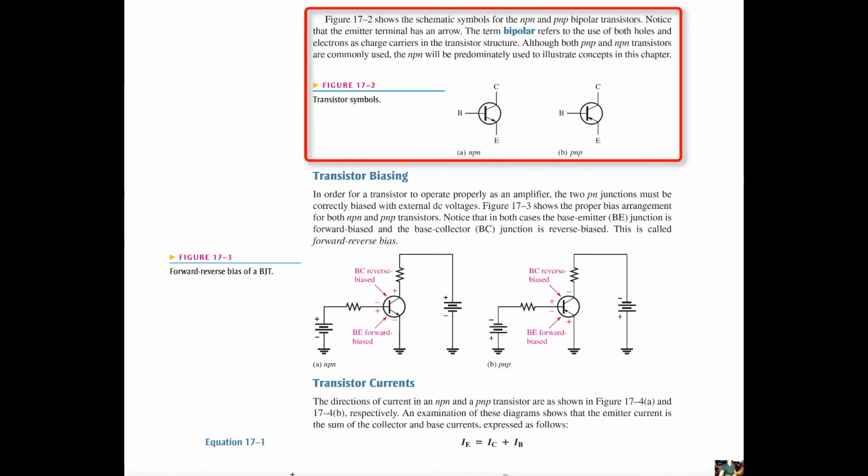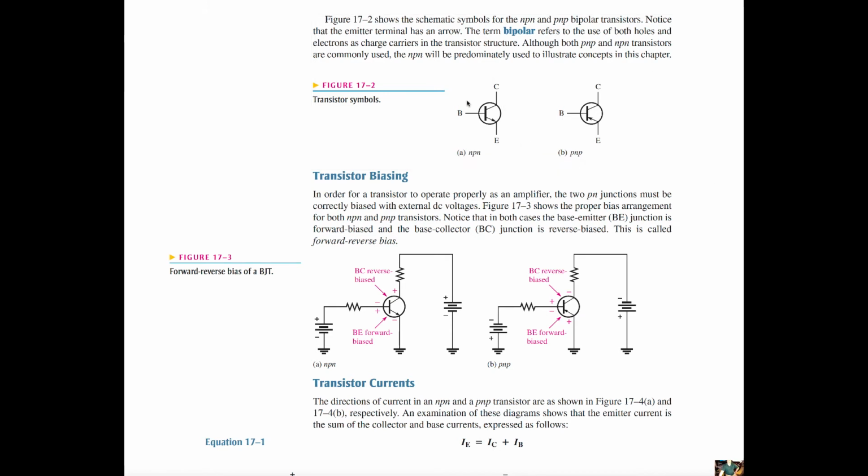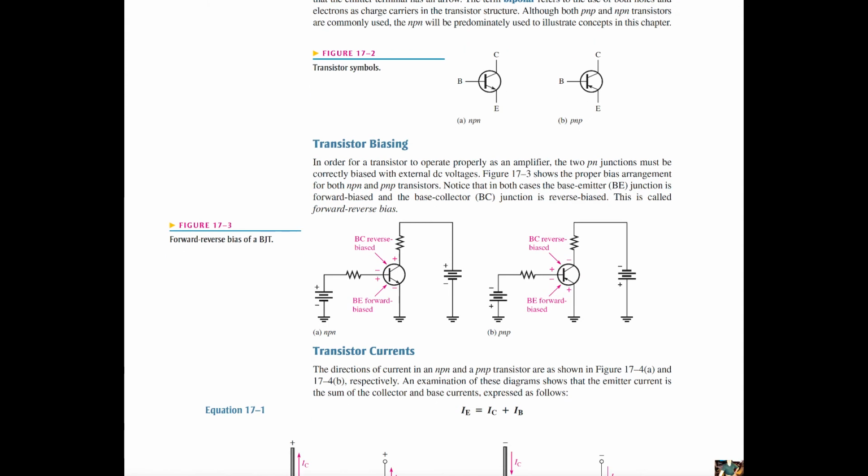Although both PNP and NPN transistors are commonly used, in our discussions we will predominantly use the NPN transistor to illustrate our concepts. So get used to seeing, understanding, and using these schematic symbols.